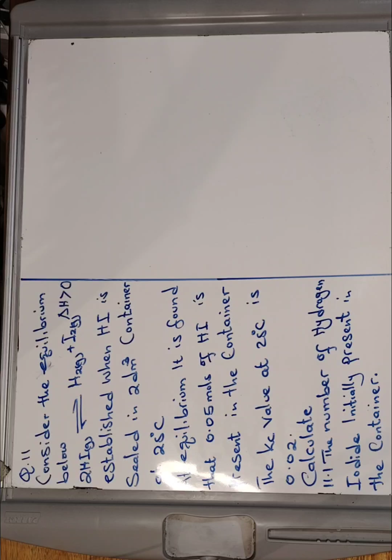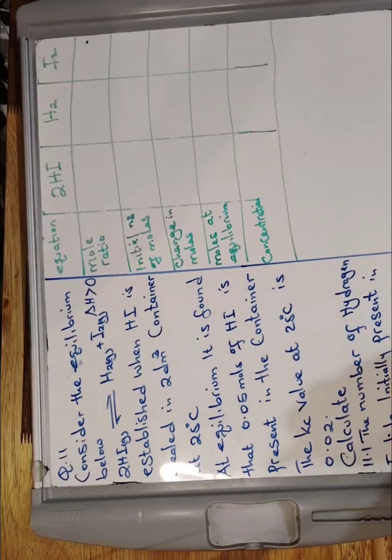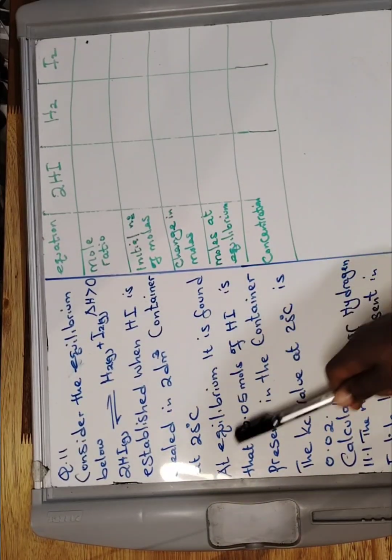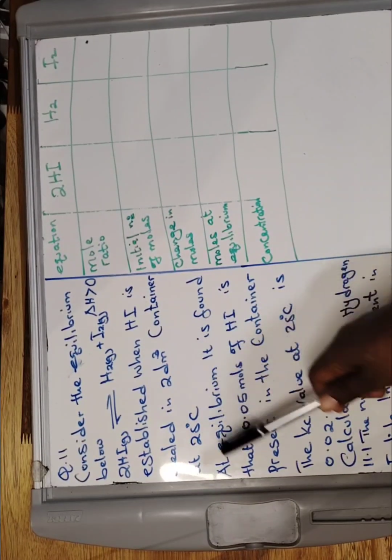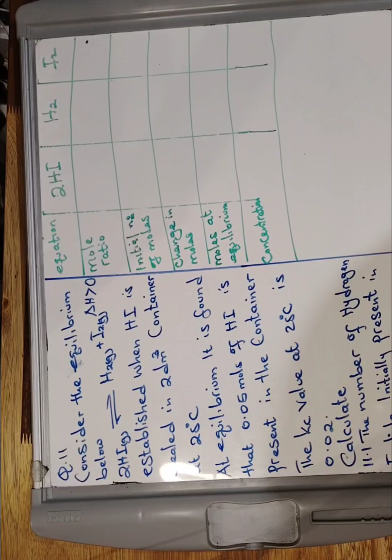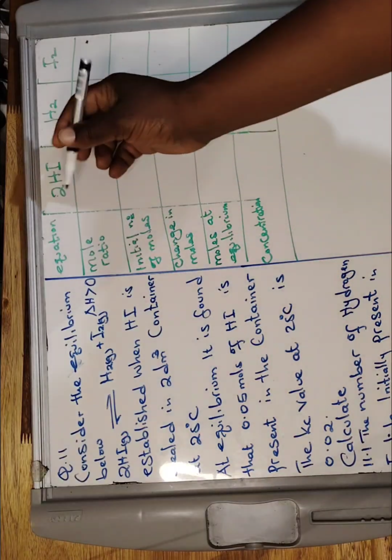How do we go about that? We are going to need the table, and let's have it. So now we have the table. We have to remember that we don't have the initial number of moles. So let us see what we can do here. We start with the ratio.